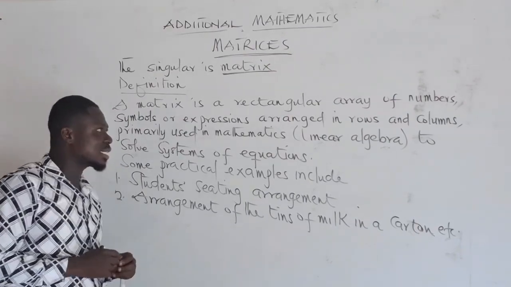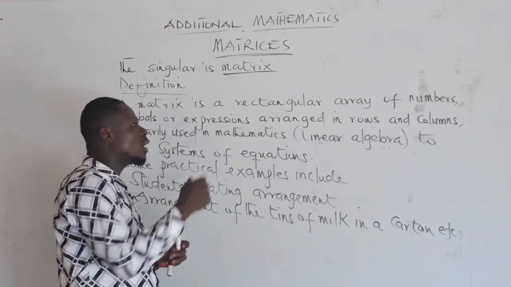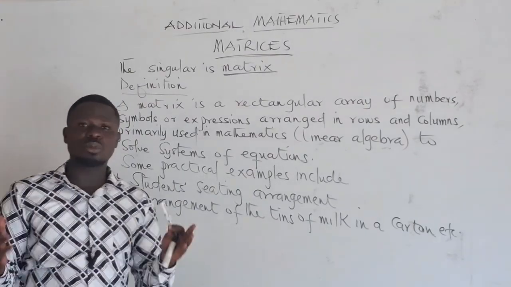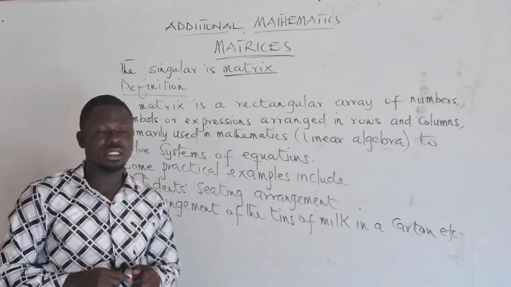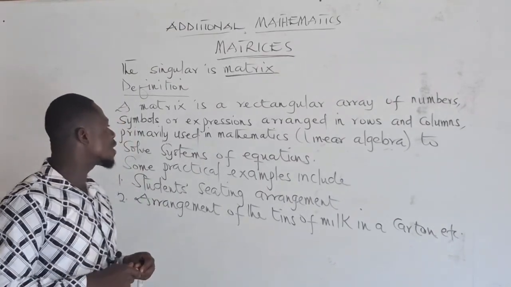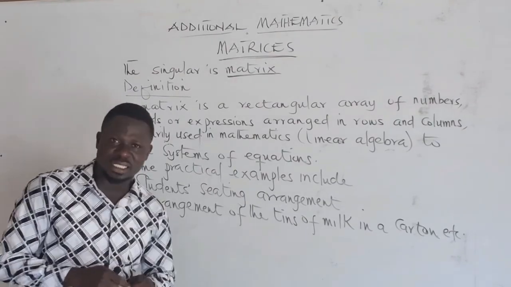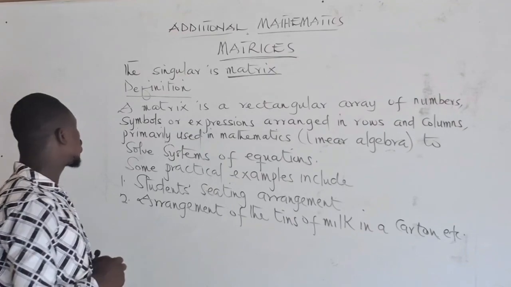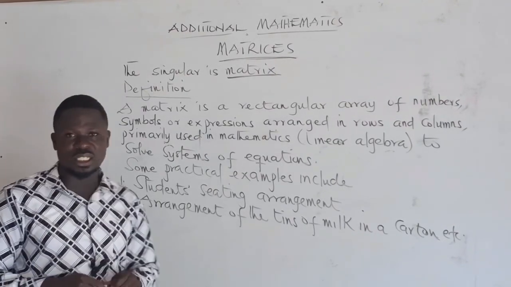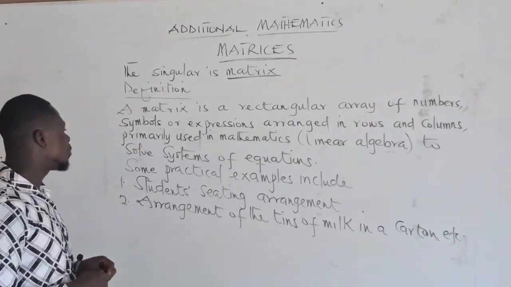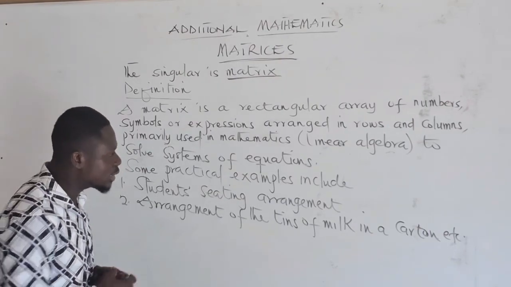A matrix is a rectangular array of numbers, symbols, or expressions arranged in rows and columns, primarily used in mathematics, that is linear algebra, to solve systems of equations. Some practical examples include: 1.